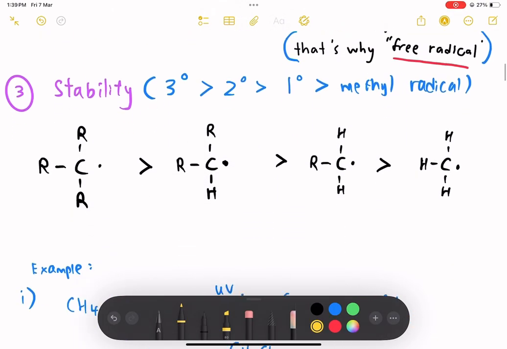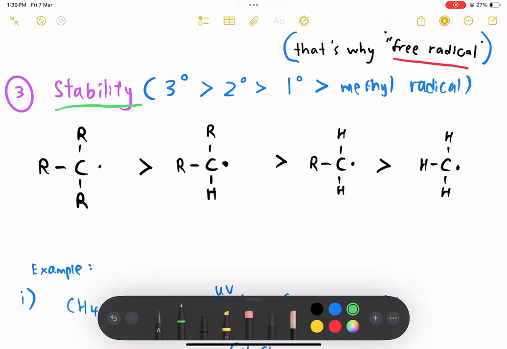Next, for free radical substitution, we also need to know about stability, because sometimes it will form one product, but sometimes it will form a major product and a minor product. So the products formed will be based on this stability.